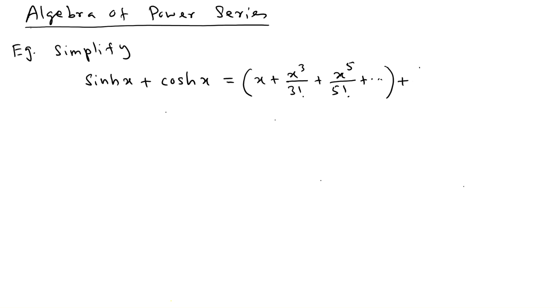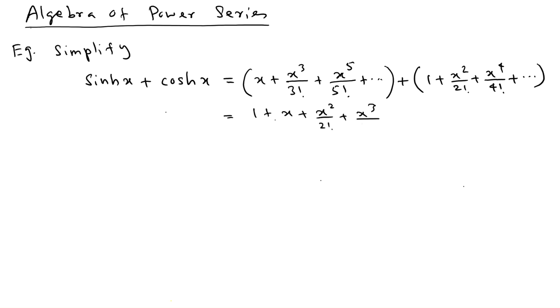So plus 1 plus x squared over 2 factorial, x to the 4th over 4 factorial, like that. And if you add them, you can see you have everything, all the powers. It's 1 plus x plus x squared over 2 factorial plus x cubed over 3 factorial, like that. But what is this? This is simply e to the x. That's an interesting result. If you add the two, cos x plus sin x, it is e to the x.